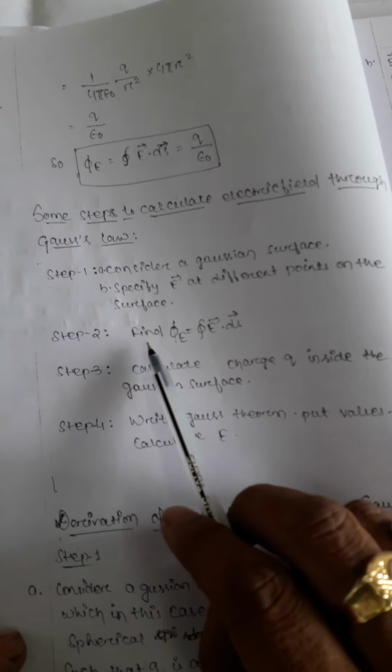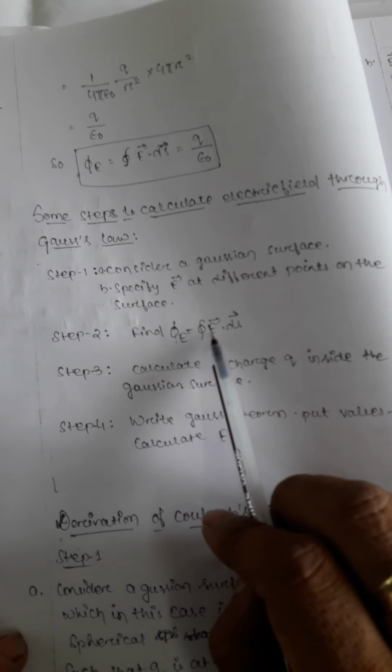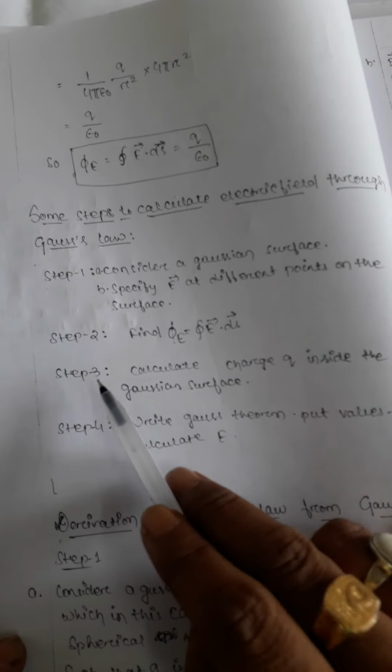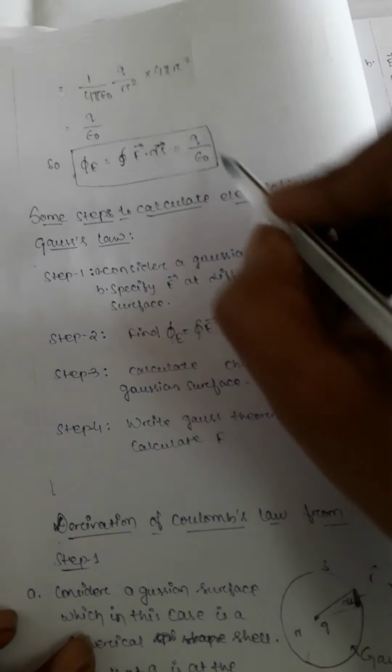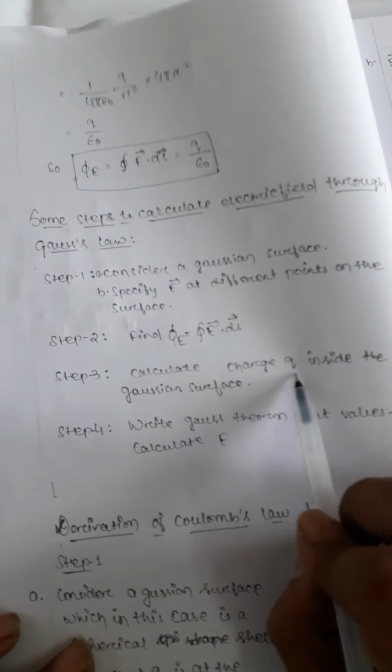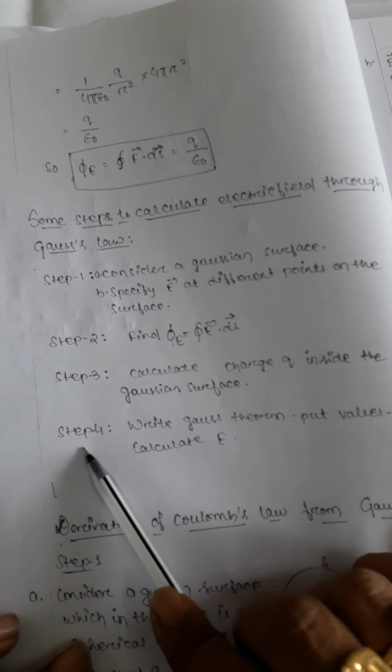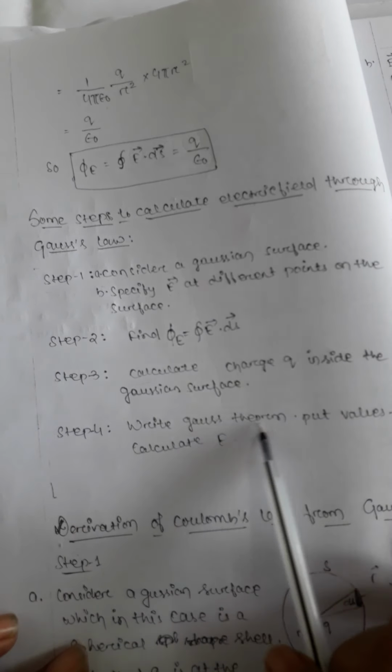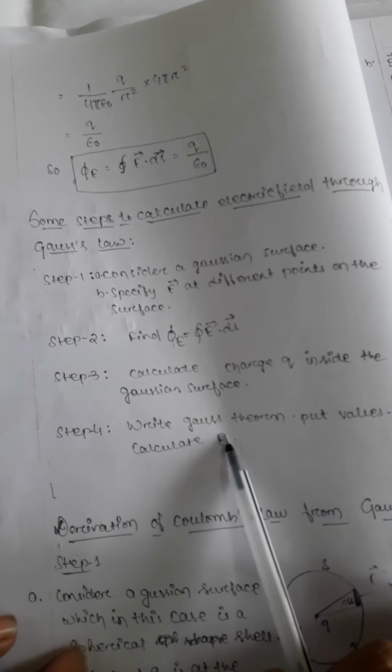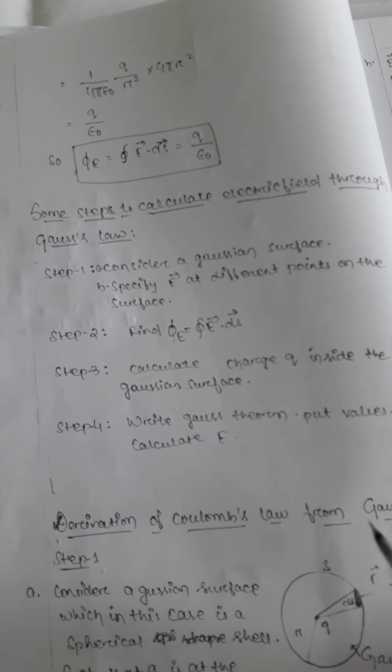Step 2, we have to calculate phi e, that is closed integral E dS, and in step 3 we have to find the value of charge q, and finally we have to write the Gauss theorem, putting in the values, and calculate the electric field.